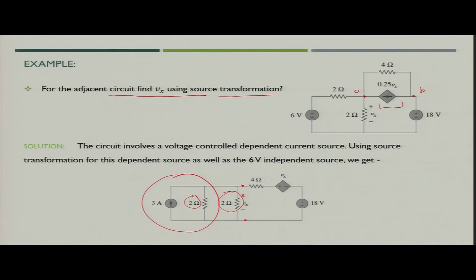So, you can keep the Vx same and club both of them. That would be easier for us to understand the concept rather than keeping this 2 ohm intact, because now here we have both resistances in parallel. So, we club both of them, but we know that since voltage will remain same, it is okay for us to do that particular combination of resistance.